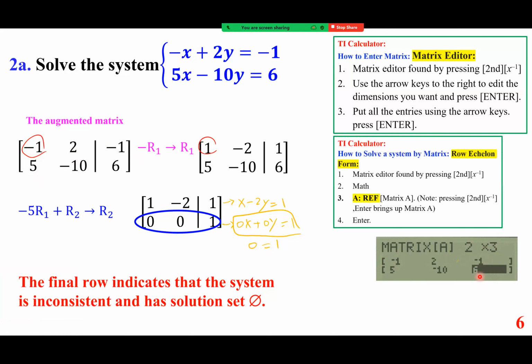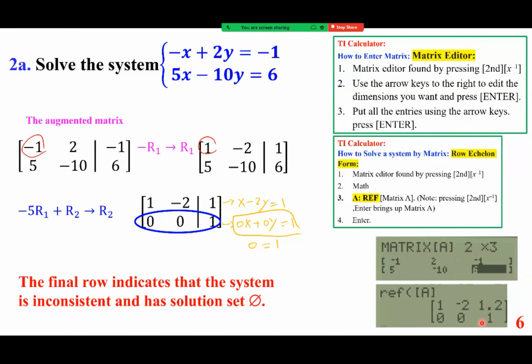So we put this one into matrix A. Then we command REF A, we enter, it gives us this one. And right here, you recognize exactly what we got here. And that's the idea. Sometimes they may slightly look different, but the fact that all entries are zeros except the last one makes this an inconsistent system.